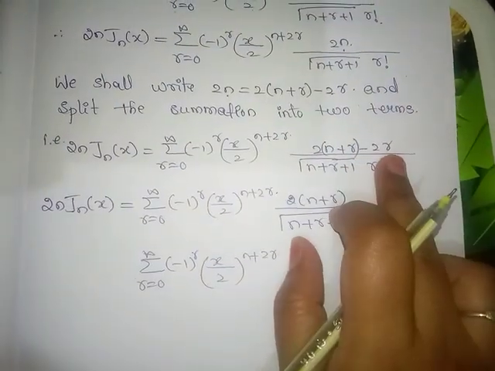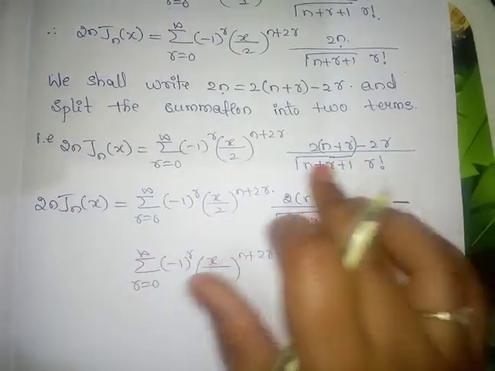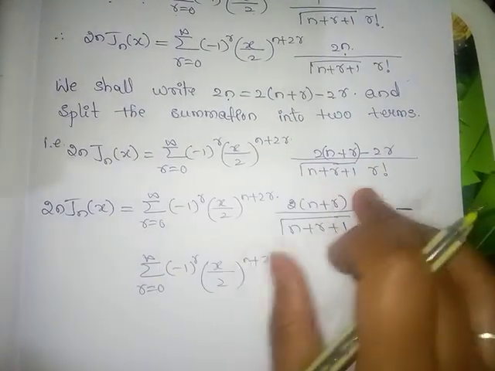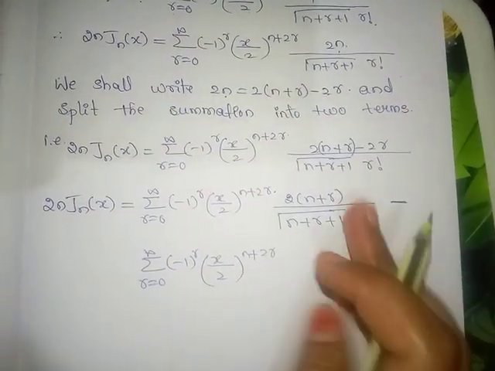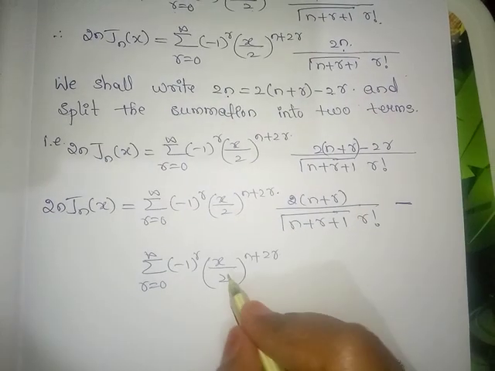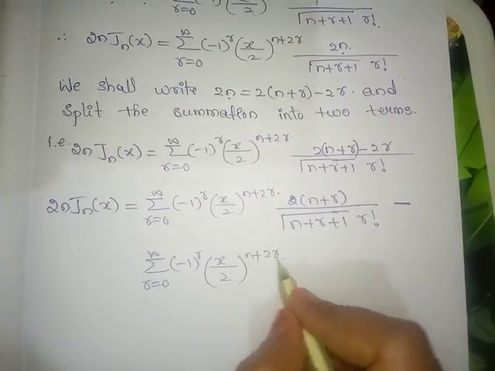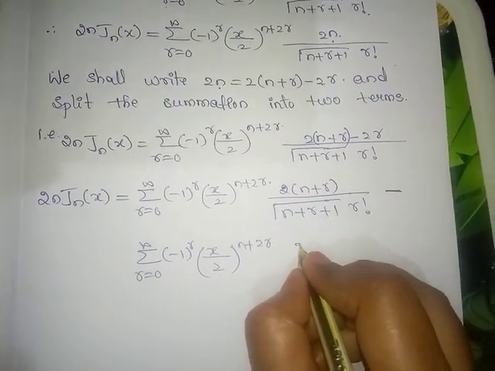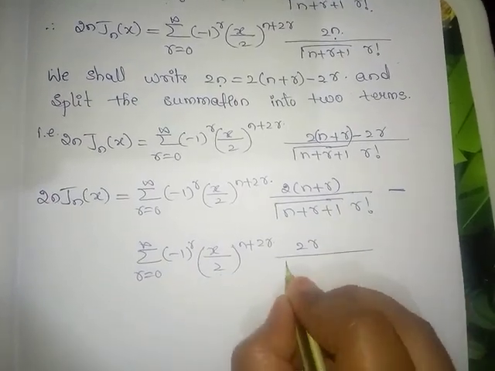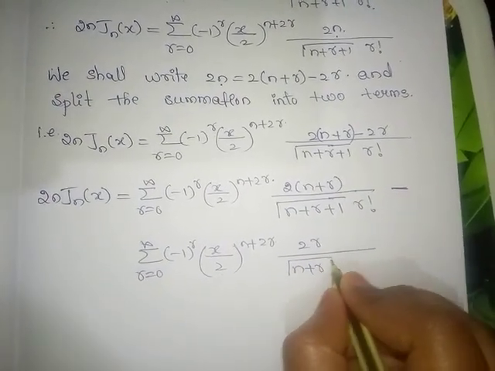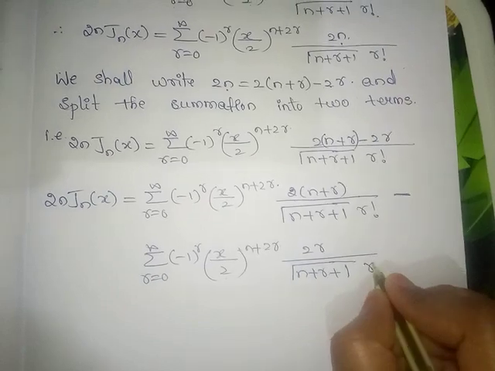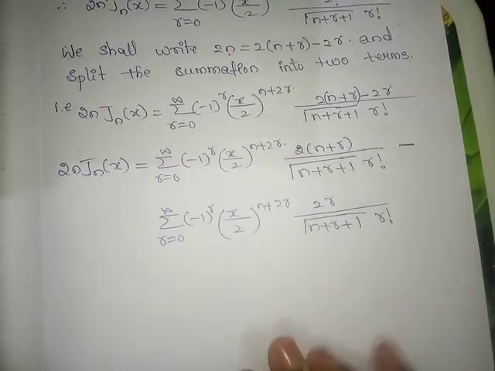Here we have two terms, meaning this into all the term minus this into all the term. When we split this into two terms, it will be x by 2 raised to n plus 2r as it is, 2r divided by gamma of n plus r plus 1 into r factorial.